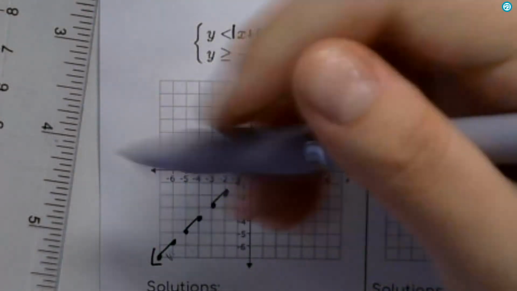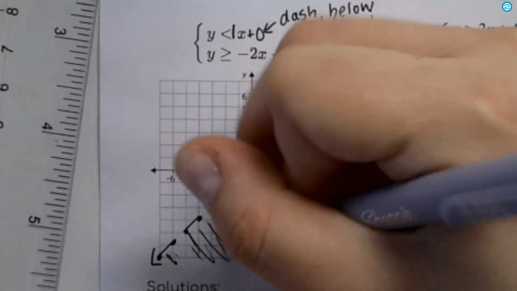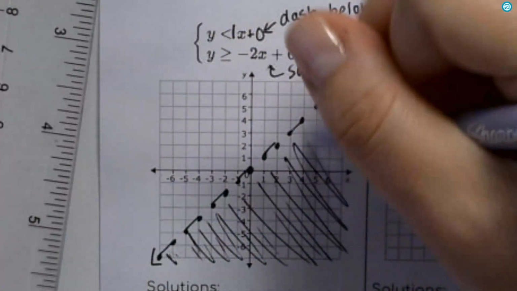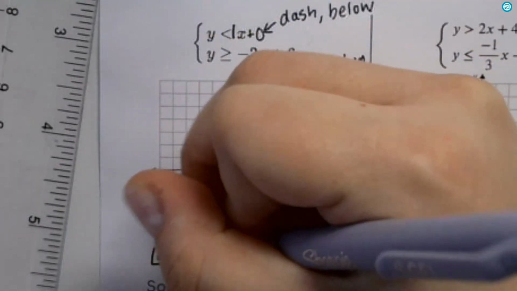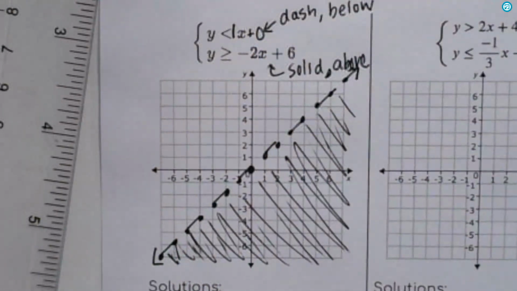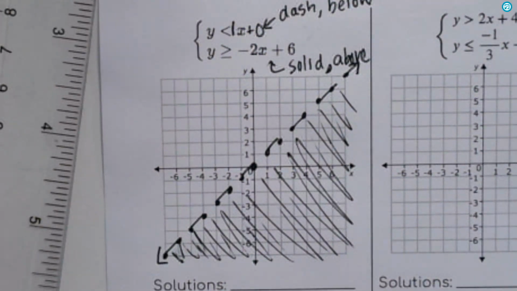So I'm going to come in here, just going to lightly with my pencil shade here, okay? You need to shade enough you can tell that it's shaded, but not so much that I can't see through it.